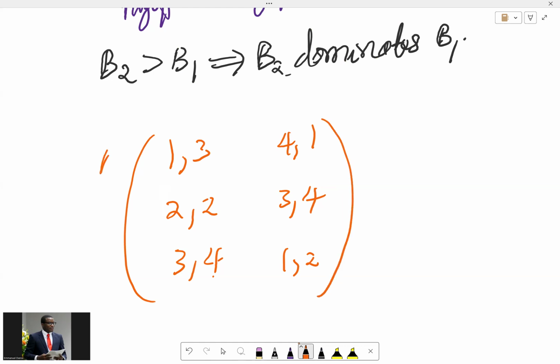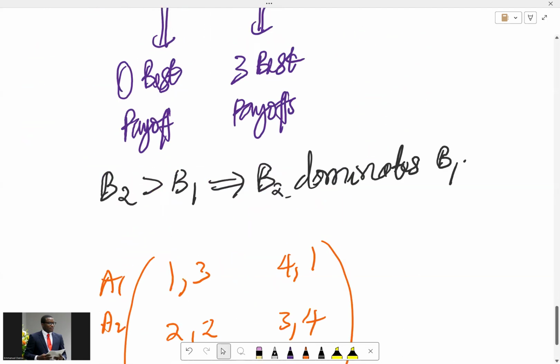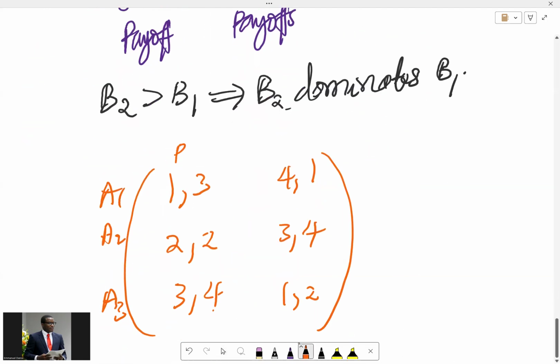We have A1, A2, and A3, whereas B1 is gone for B. So we just have B2, B3 for player B. Don't forget, we have found the best strategy for A to be A1. So B is still in contention now.